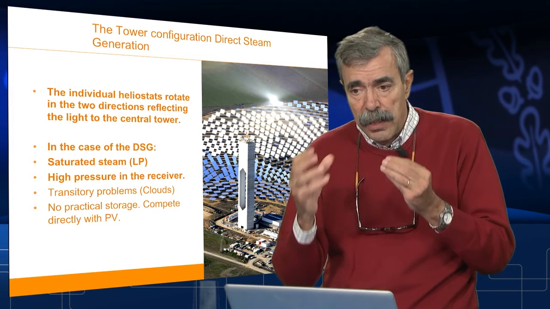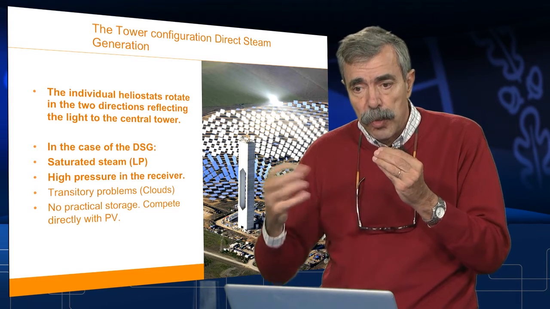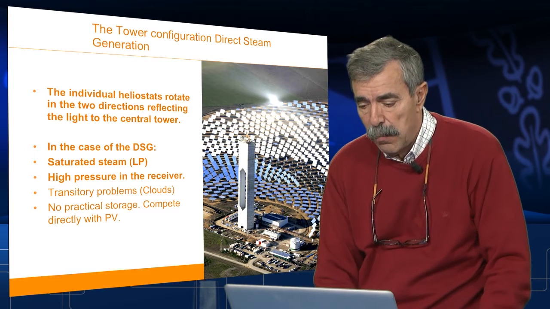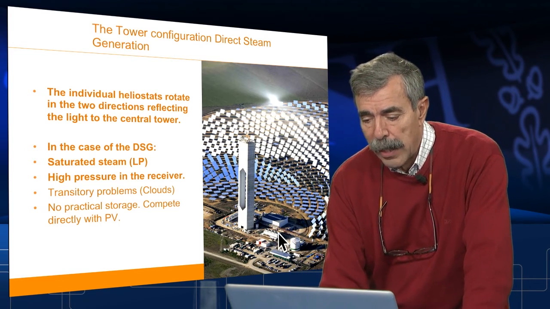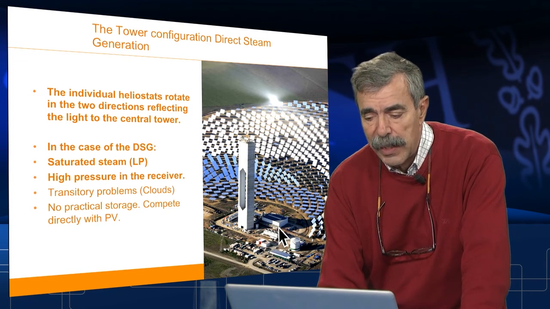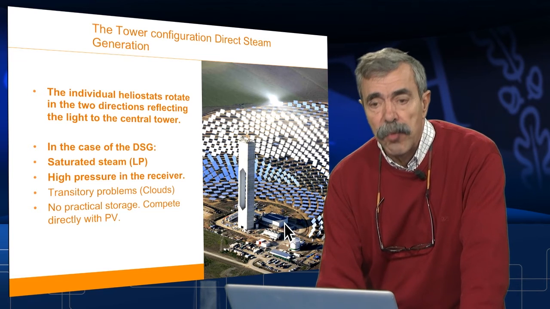So directly in the tubes of the receiver, you are converting the water into high pressure steam. Then the steam is delivered to a turbine, and the turbine immediately generates electricity.